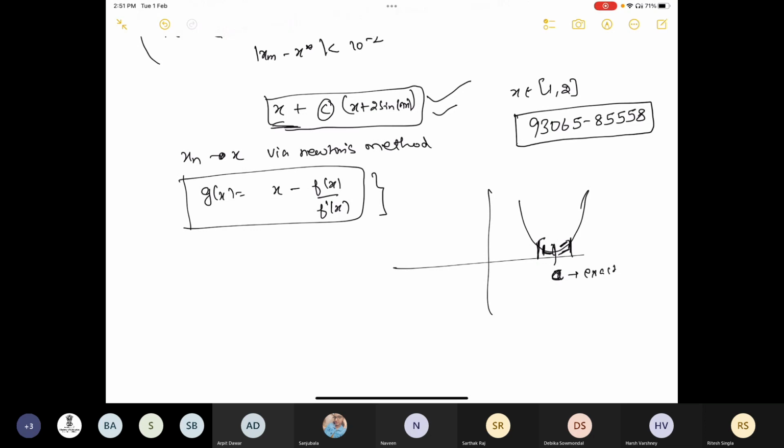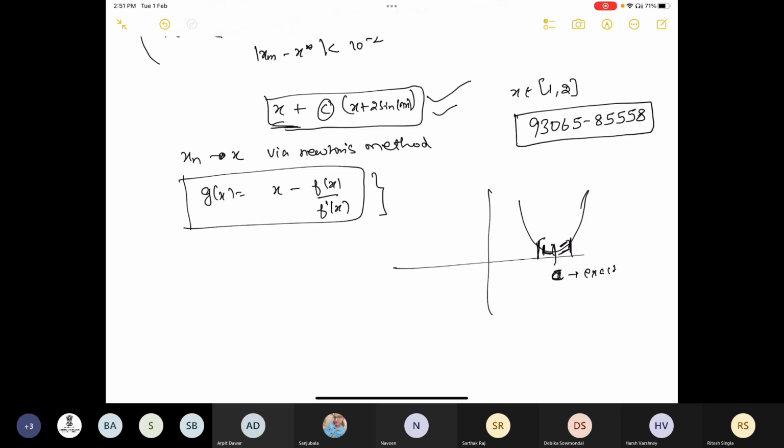You don't need to do anything special. You are not restricted to applying the fixed point iteration method. You can even use your real analysis here, which you have read in graduation, say the monotone convergence theorem or anything of that sort. You can use anything to show that this sequence is converging to square root 2.